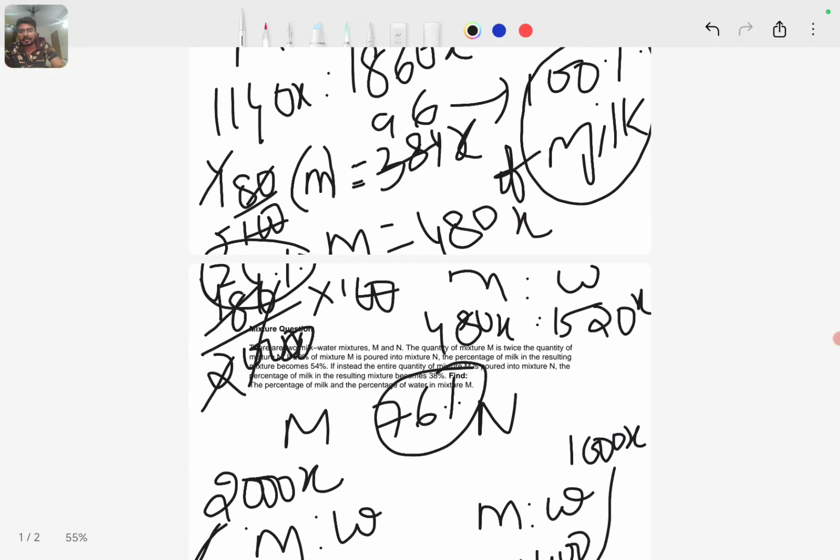So for 80 percentage of the milk quantity it is 384, and I got the full milk quantity as 480x with this operation. Milk is 480, which means water is 1520. So the percentage of milk is 24 and the percentage of water is 76.